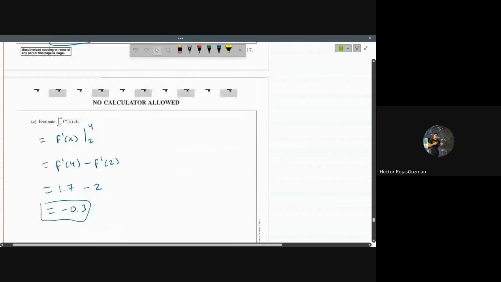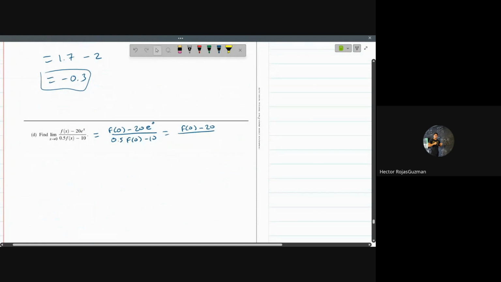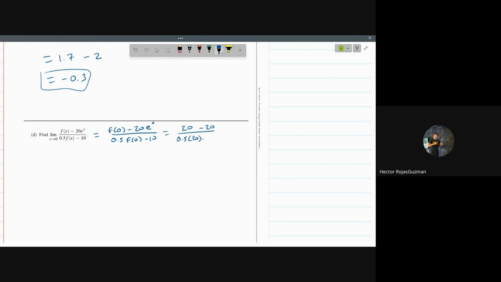It's 20. So ignore that. 0.5 times 20 minus 10, you get 0 over 0. And what do we say when you get 0 over 0? Use L'Hopital's, because the limit may not, in fact, be undefined.